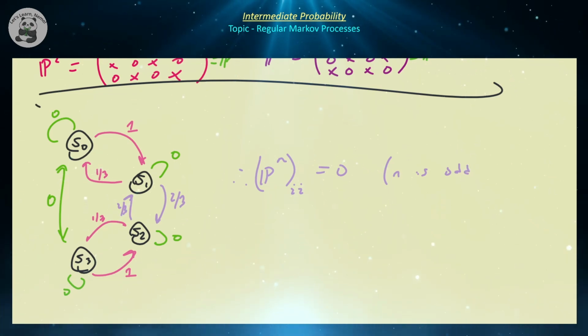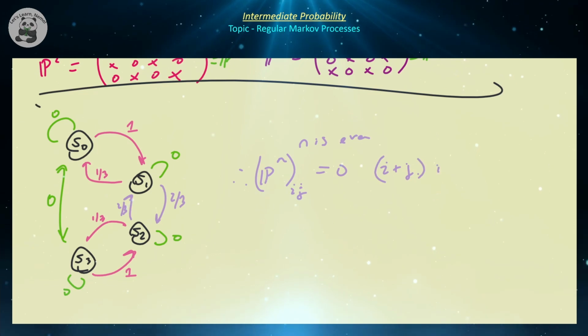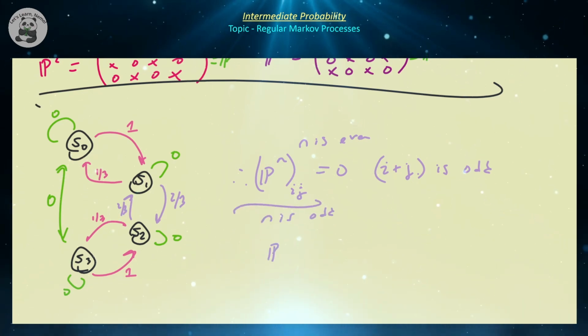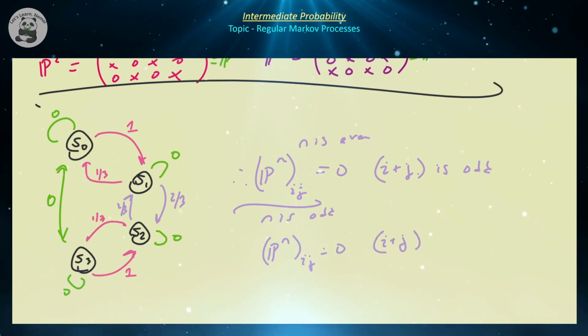Actually, we could do a nicer way. Let's assume that n is even. Then p^n ij is equal to 0 if i plus j is odd, and it's going to be some non-zero entry if it's even. And if n is odd, p^n ij will be equal to 0 if i plus j is even.